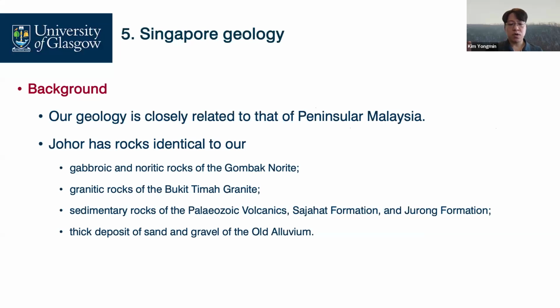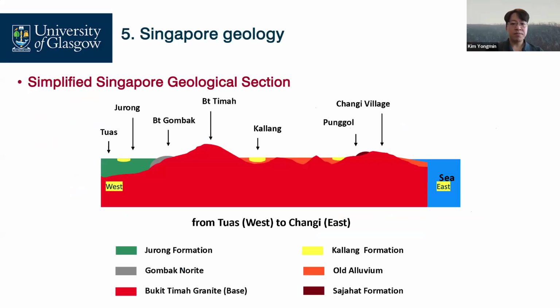All sorts of historical events have happened over time, and finally we can draw the simple Singapore geological cross section. Here is the west side in the Jurong Formation, the Tuas area.